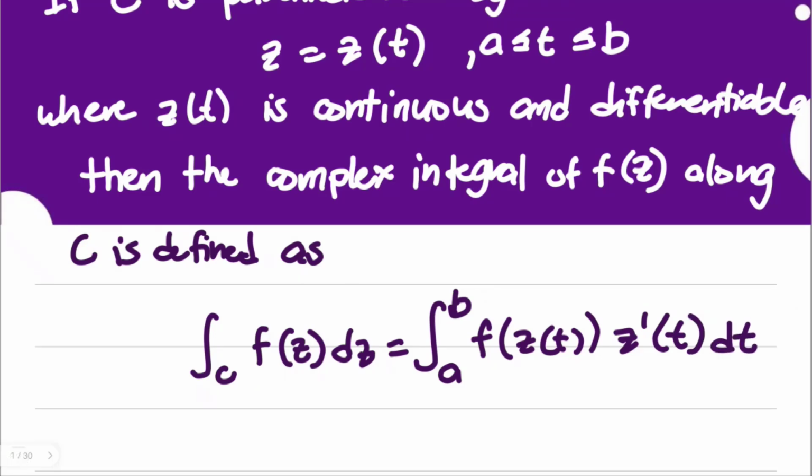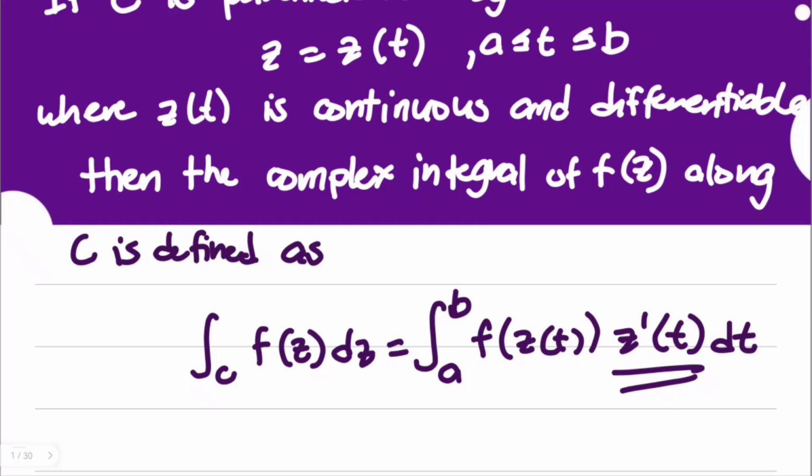Now take note, this is actually the parameterized form of your function, which would be illustrated later on as well. In simpler words, the complex integral of your f of z along your contour c is obtained by substituting the parametric form of the curve into the function f of z.